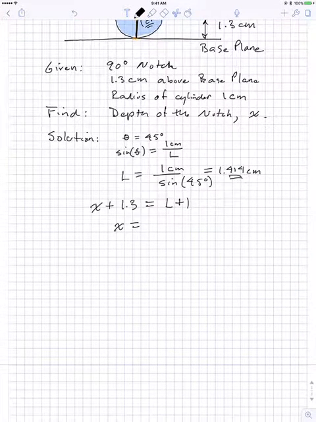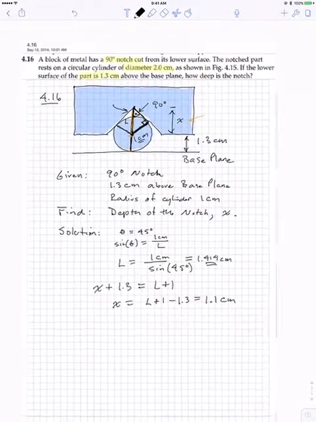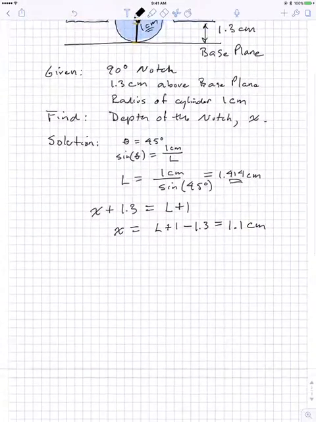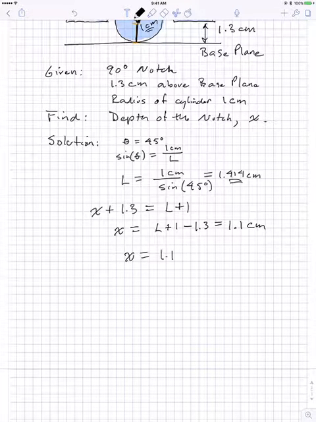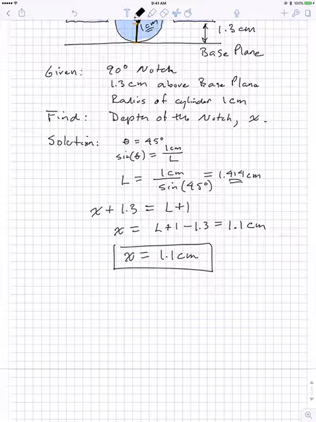So X would be L plus 1 minus 1.3. To two significant digits, we would get 1.1 centimeters. So X is 1.1, and we've solved problem 4.16.